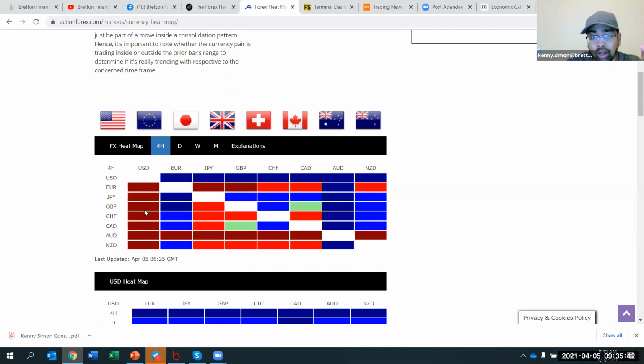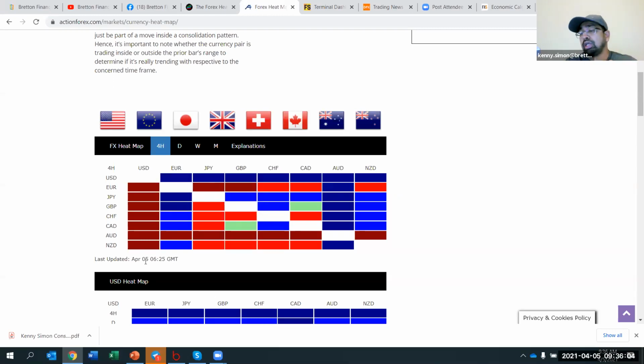Okay, you've got one under the USD. What does this mean? This means on the 4-hour chart, it is expected for all the other currencies to be much weaker. Dark red means bearish or much weaker than USD, which basically means USD is strong, but all the other currencies here are much, much weaker than the USD.